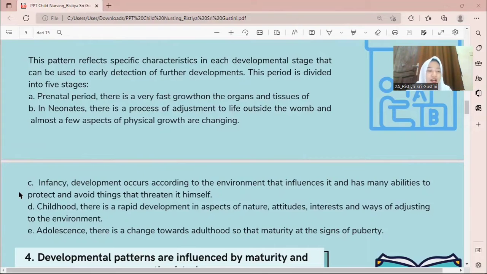D, childhood. There is rapid development in aspects of nature, attitudes, interests, and ways of adjusting to the environment. E, adolescence. There is a transition toward adulthood so that maturity is reached at the season of puberty.